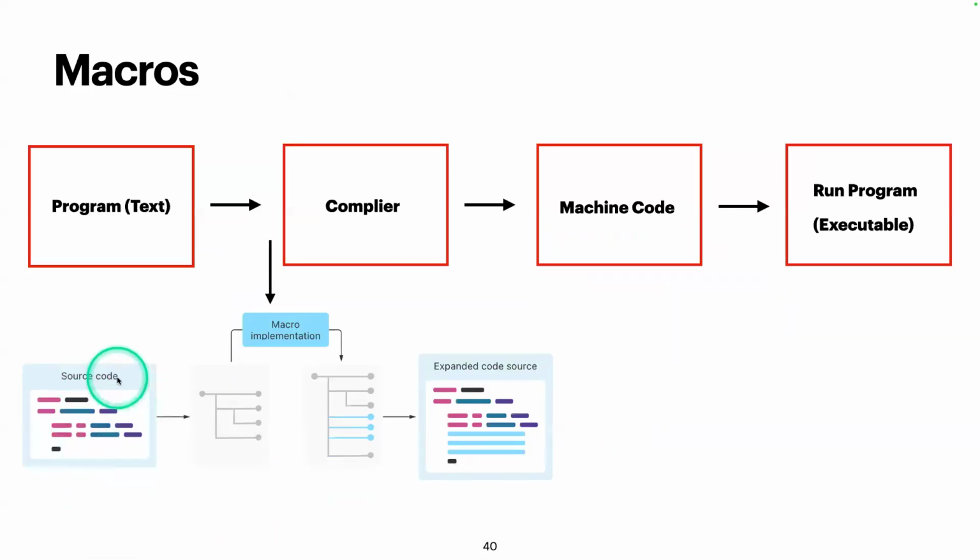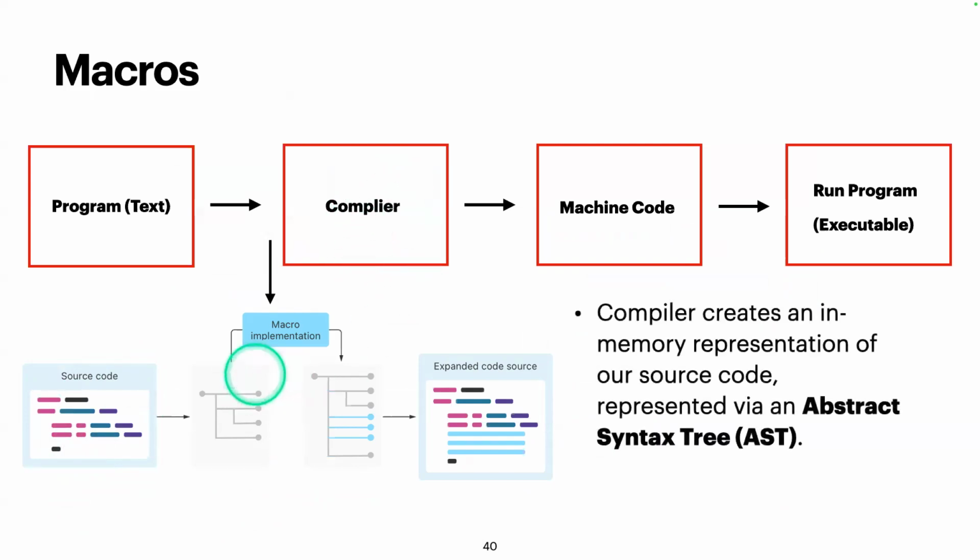So during compilation, the compiler represents your code as an abstract syntax tree. If you have taken 61A, hopefully you are familiar with a tree data structure. So it represents your source code as a tree. And before the compiler stages, there's a program called a preprocessor that expands those macros.